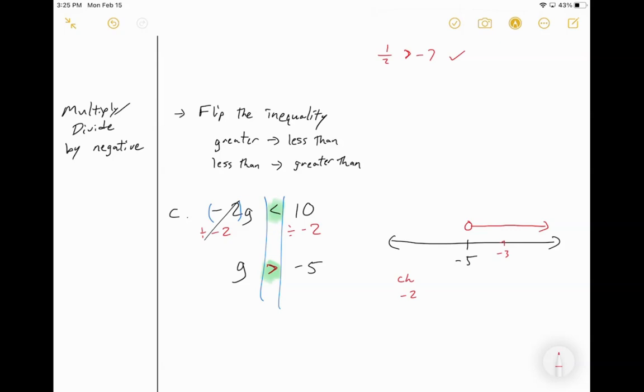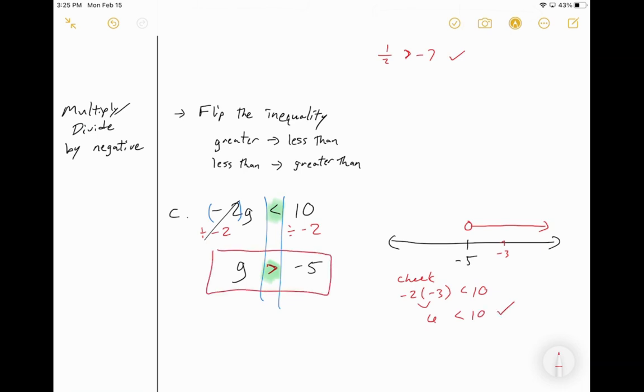So there's our check work. Negative 2 times negative 3 should be less than positive 10. Let's see. Negative 2 times negative 3 is positive 6. That is less than 10, so we did it correctly.